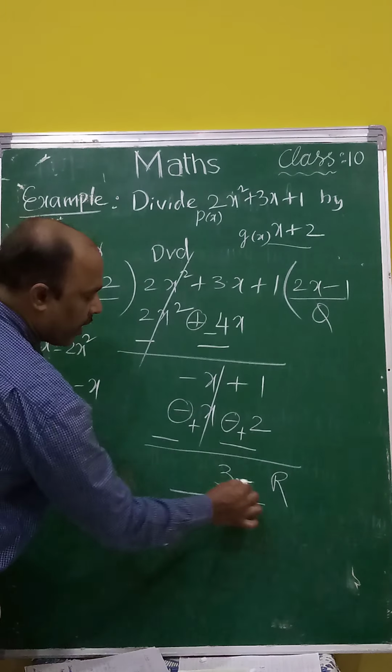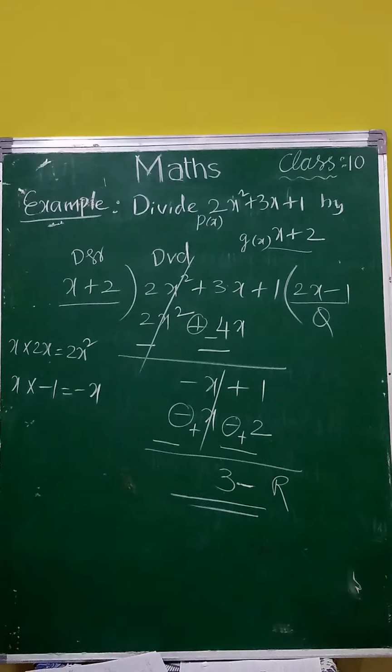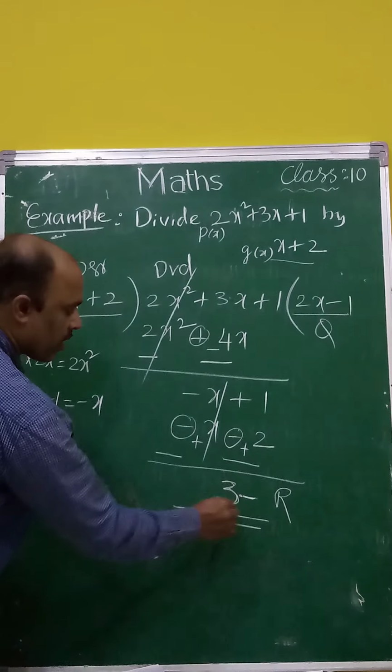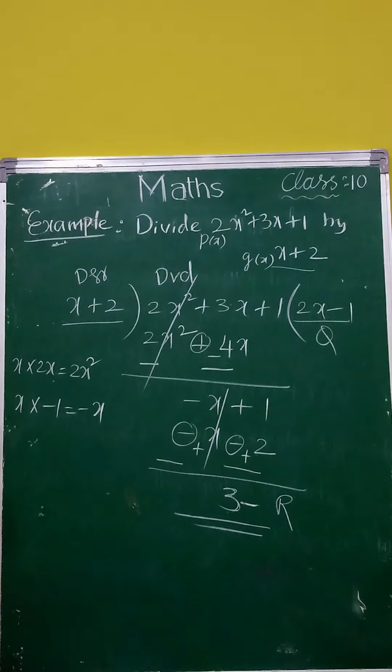The remainder we got finally is 3. When do we stop the division method? When either the remainder is 0 or its degree is less than the degree of the divisor. Whatever we are getting, 3 is a constant, so we can stop the division process.